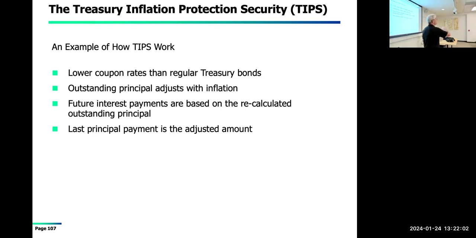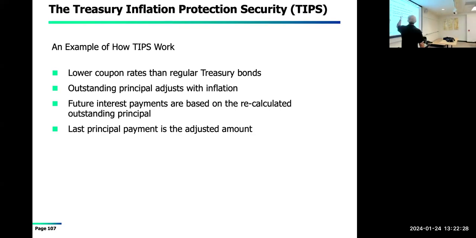It says the principal balance on your outstanding security is going to adjust every year associated with the inflation rate. So if you bought a $1,000 TIPS bond and the inflation went up 10%, it's suddenly going to be worth $1,100. It is known as a hedge against inflation because the value of the security goes up.